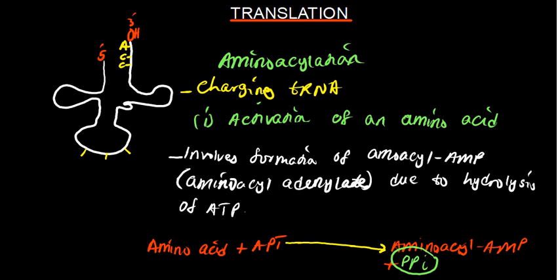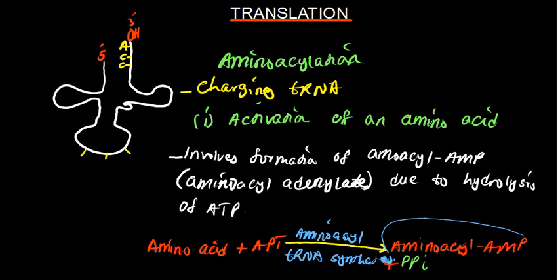But our target in this case was that amino acyl AMP. So we say that this reaction is catalyzed by a set of enzymes known as amino acid tRNA synthetase. This is the enzyme which catalyzes this reaction. So when this happens, then now the amino acid is said to become charged. So our goal in this case was to produce this molecule, amino acyl AMP.